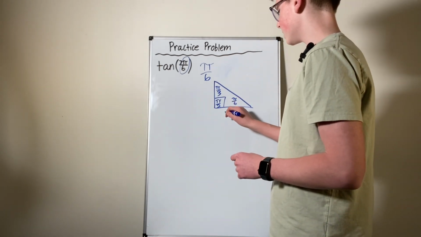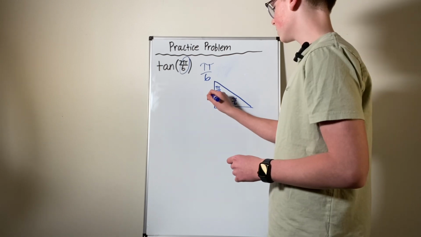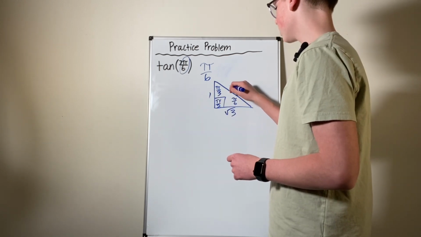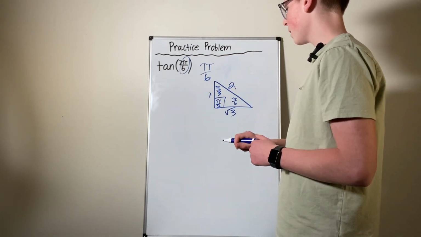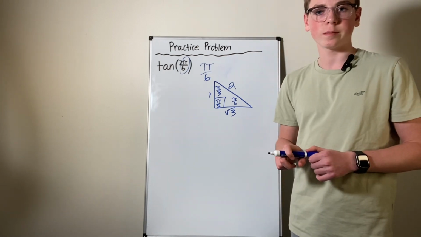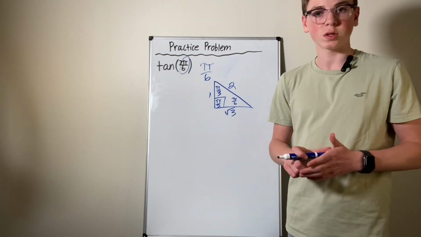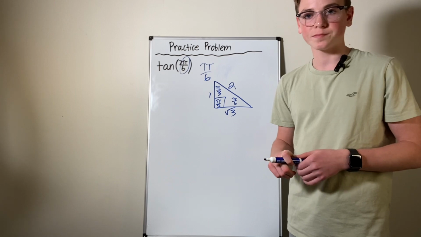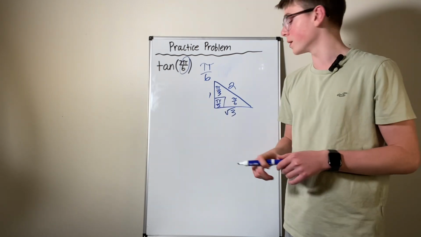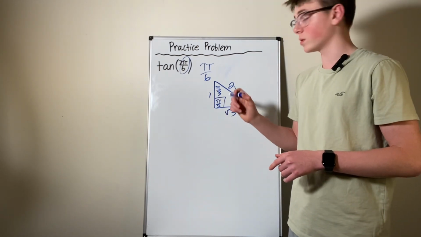Then opposite pi over 6, this is root 3. This is 1. This is 2. Because remember, it's the unit circle, so x is equal to 1. There's root 3, and 2.